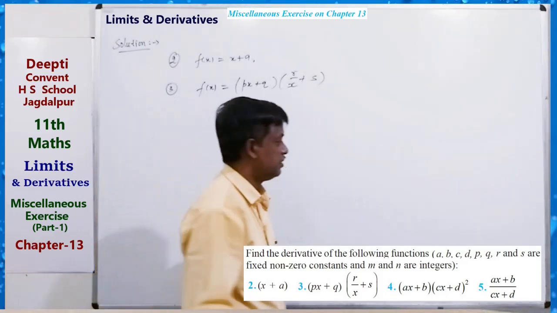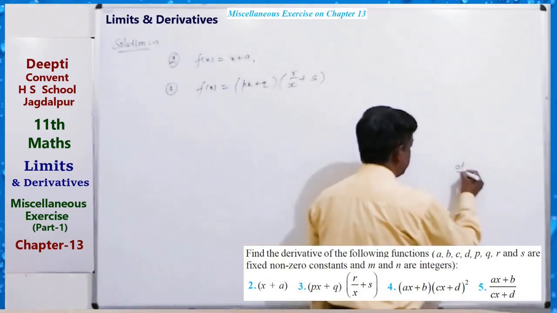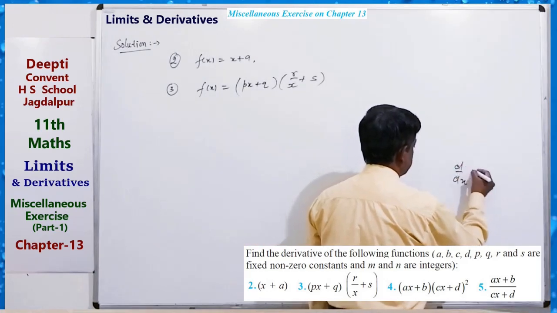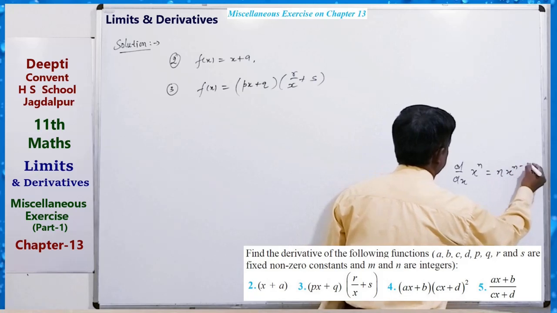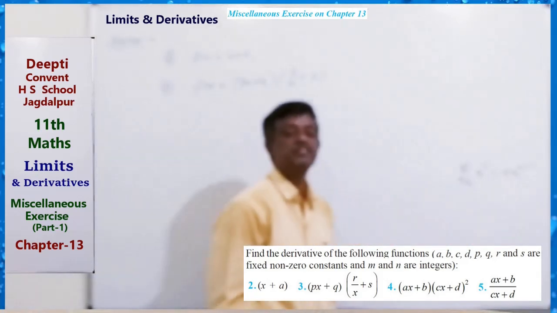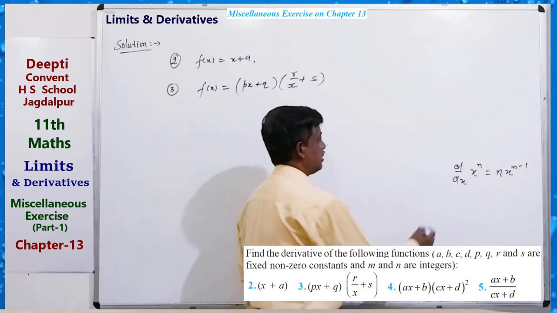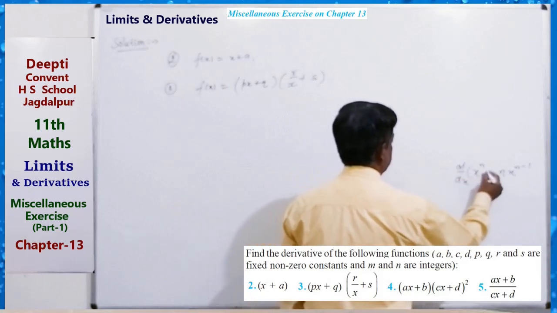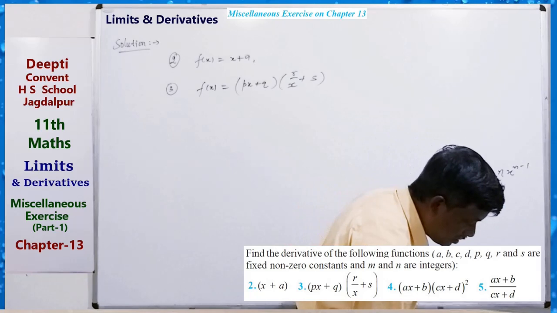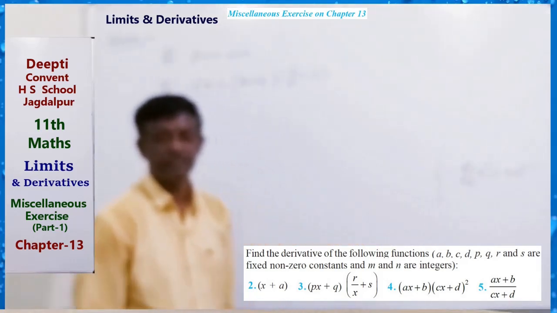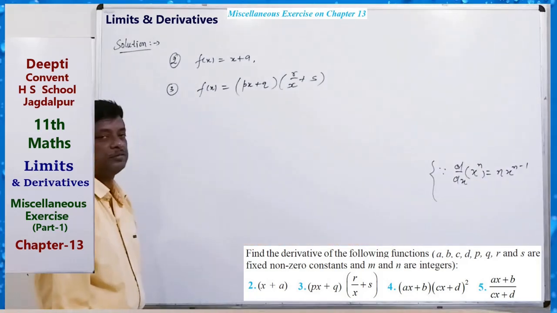Just remember that d by dx of x to the power n equals n x to the power n minus 1 can be used also for n negative, for negative power integers. Okay, m and n are integers, for integer values we can use it.